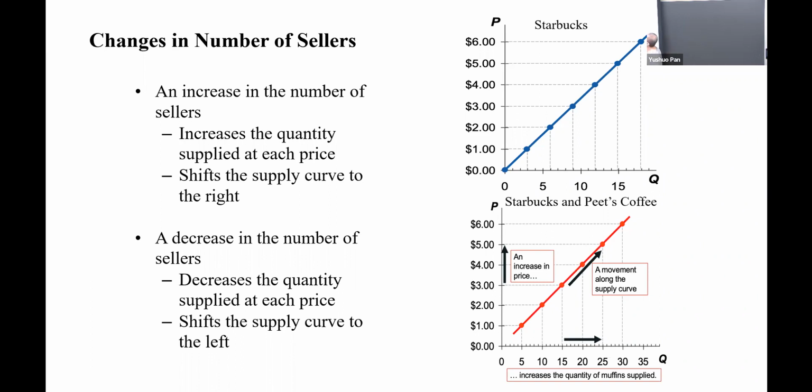But when we add two firms together, Starbucks and Peet's Coffee, then when the price equals 1, the quantity supplied is 5 instead of 3. So when we add more individual suppliers, the supply curve is going to shift to the right, because at a given price, the quantity supplied is going to be more.